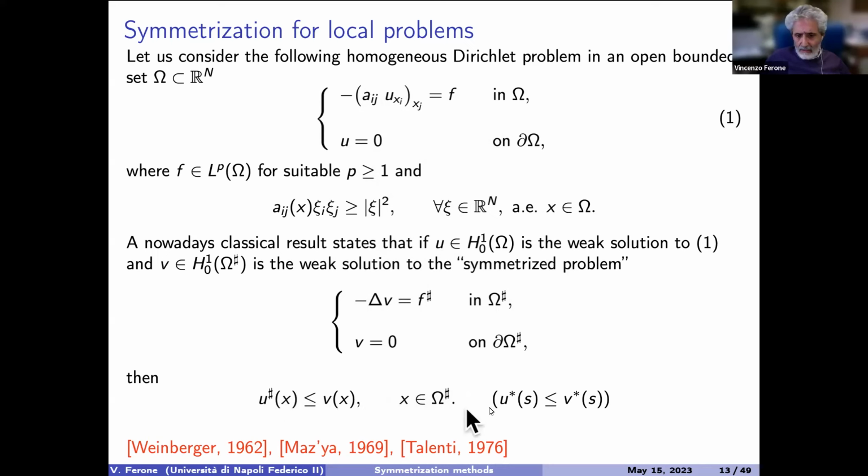This inequality can also be read as u star less or equal than v star, if I recall the decreasing rearrangement. And so this means that among all the problems in this form, the one which realizes the biggest solution in the sense of this inequality is the one which is written here. The operator has to be delta, and the datum has to be rearranged in a decreasing way.